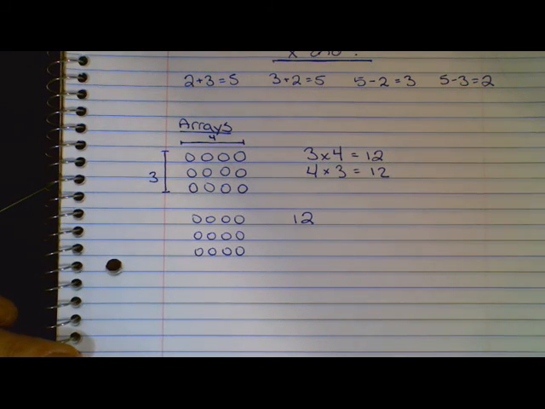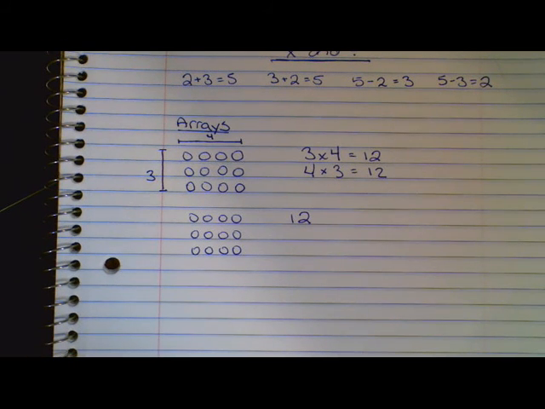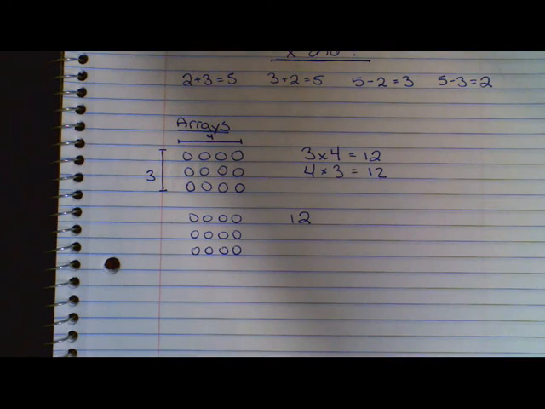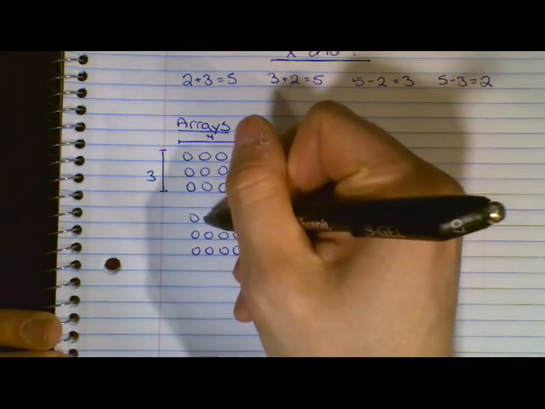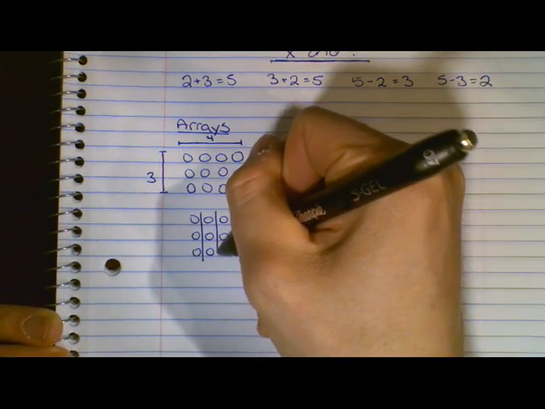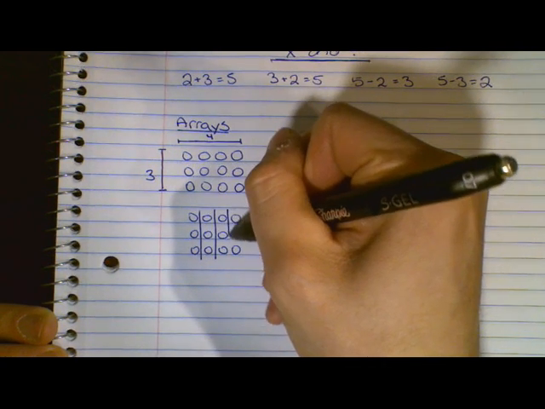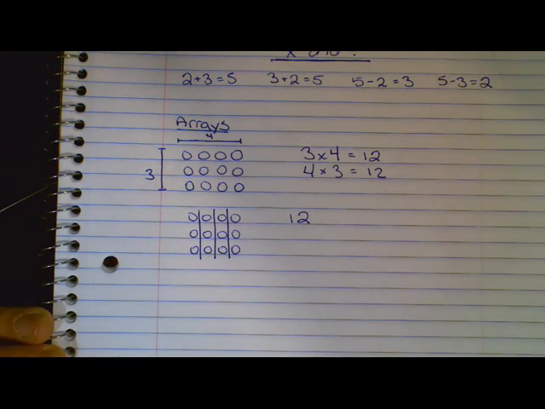And with division, we're taking a larger number and we're breaking it into smaller groups. So in this case, I want to try to find a way to split this array of 12 into smaller groups. I'm going to look and say, I think I can do equal groups if I split here, and split here.